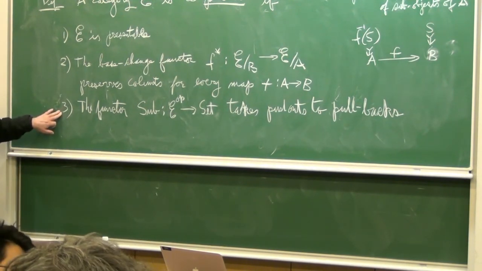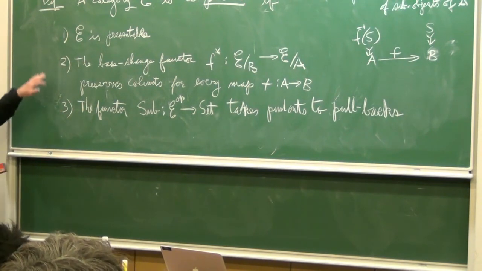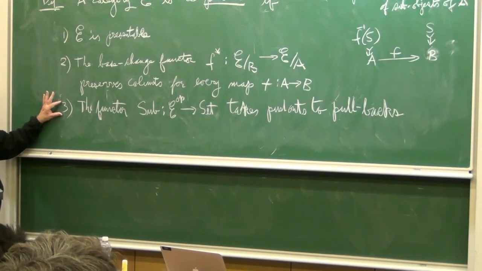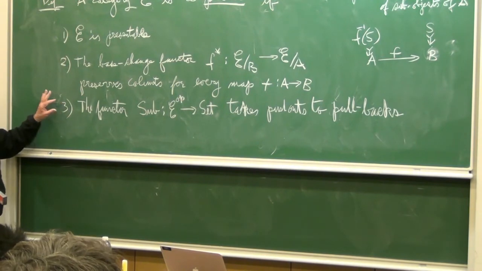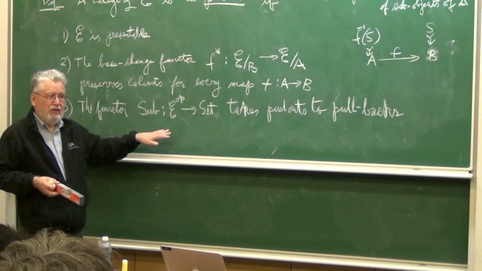Yeah, it's new. There's the notion of n-topos, and for the notion of n-topos, you only have to replace axiom 3 by something else which is of the same type. Instead of taking sub-objects, we take something more involved, but it's the same type.